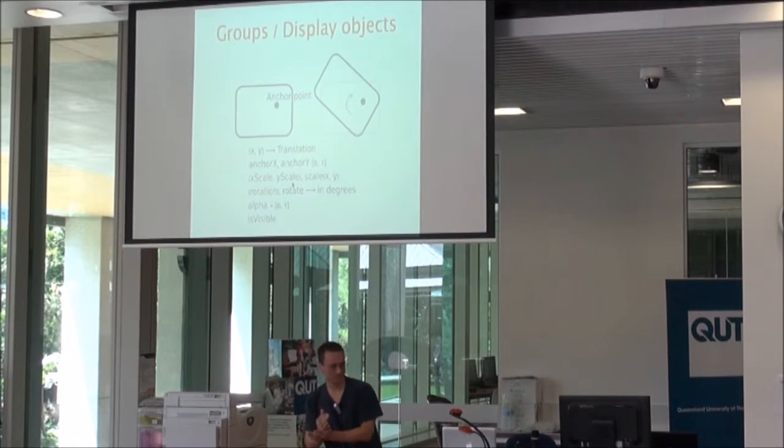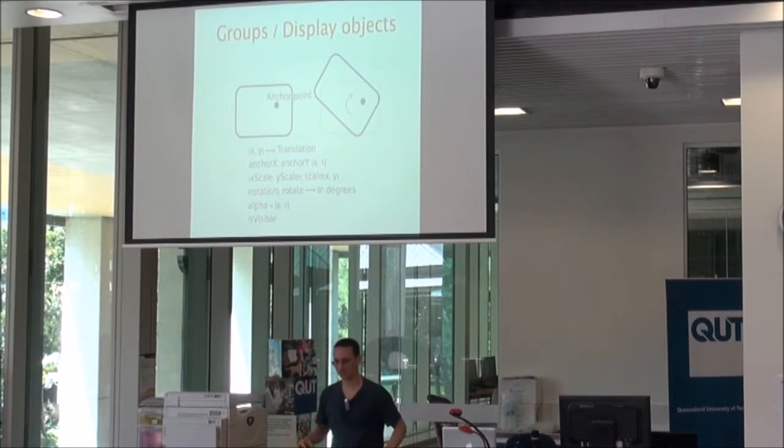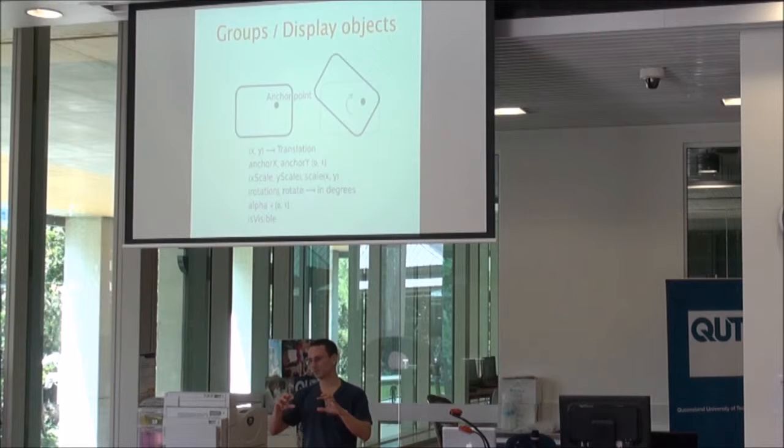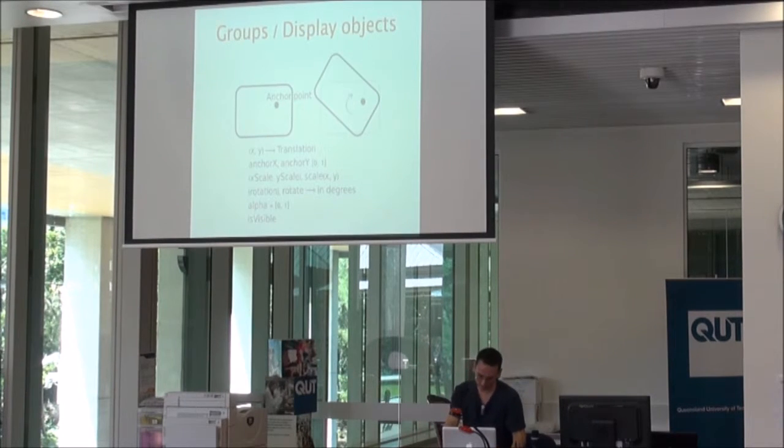You also have these other ones that are methods, scale and rotate. And the difference is that the first one just sets to a number that you assign. The other one is additive. So if there is already a rotation, it just adds that to the new one.